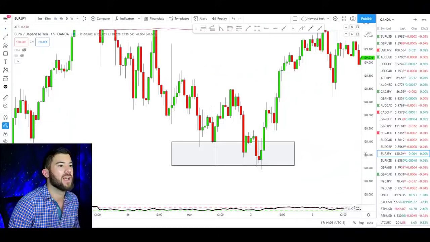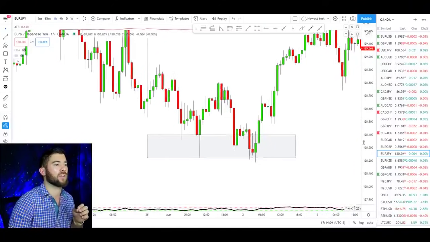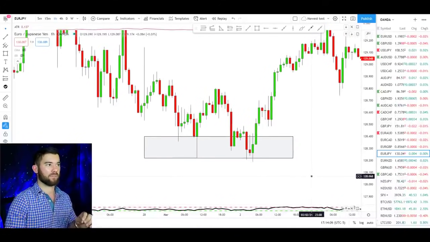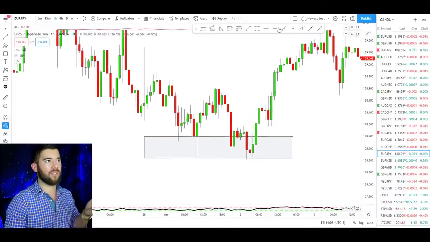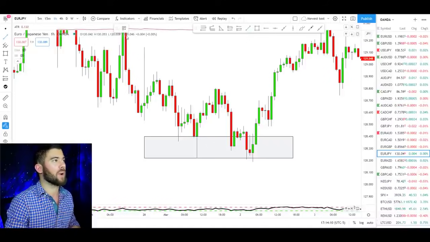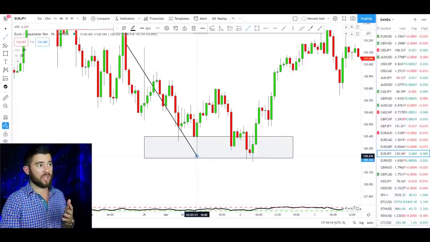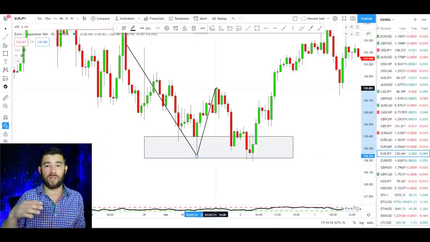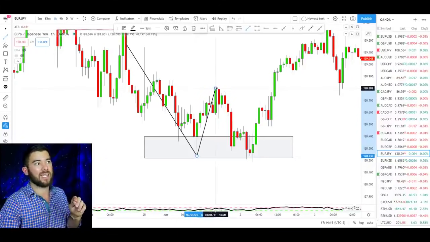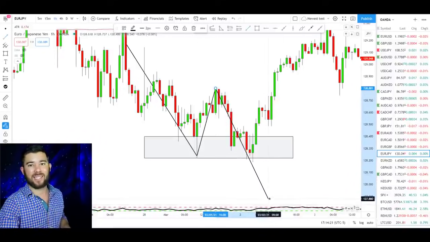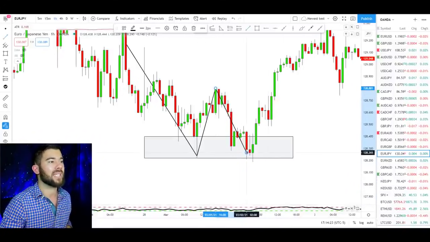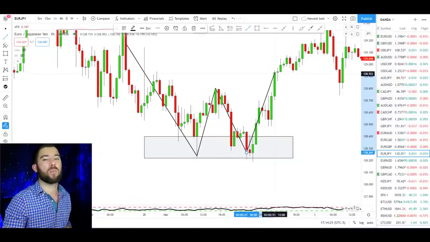For a double bottom, that's what we're looking at right now here on the Euro Yen. The way it looks on a chart is a market that comes down, creates a level of support, then bounces up to a level of resistance. But instead of continuing down in this downtrend, we come down, we retest this level of support, and we're supported yet again.